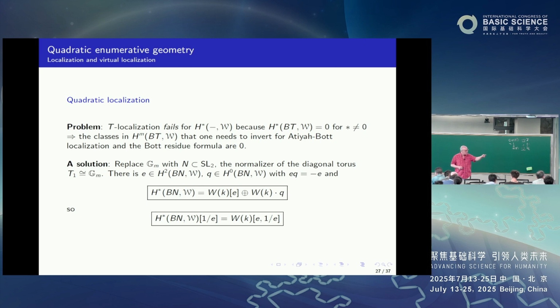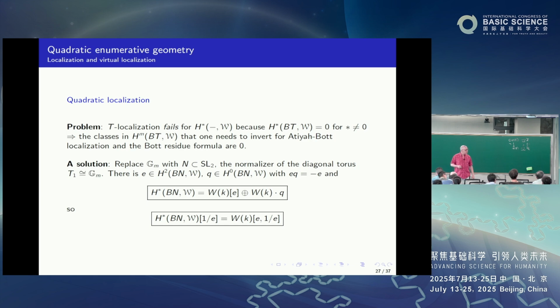So it's generated over the Witt ring of k by one generator, now in degree 2. Remember the analog with the real points. If you take BG_m and take its real points, it's CP infinity, and that has a generator in degree 2. So that's the W(k) adjoin e. Then there's one extra element in degree 0, which disappears after dividing by e, which you're going to localize with respect to e anyway, so it doesn't really bother us too much.